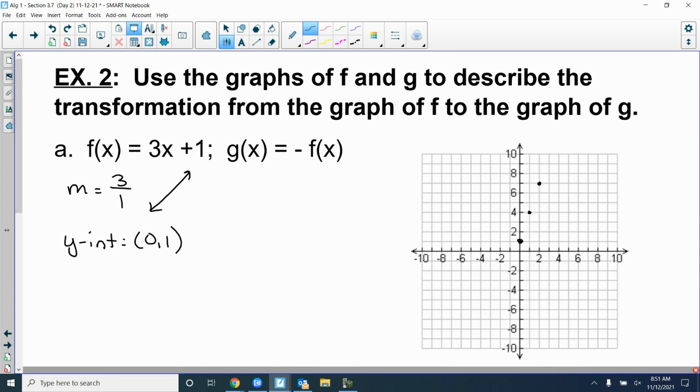Do at least 2 points above it. Do at least 2 points below it. And let's see here. All right, so make sure you got that graph. 3x plus 1. Go ahead and draw the line on there. Okay, draw that line. Good.